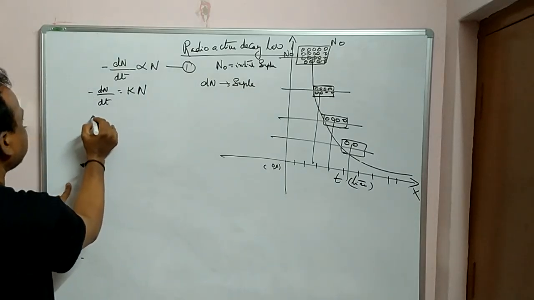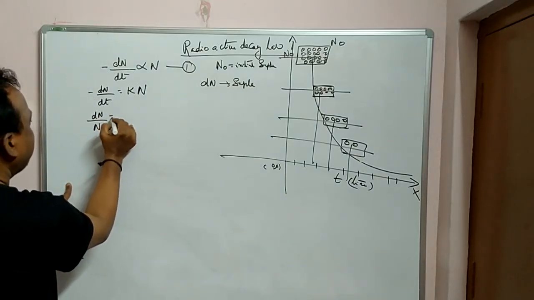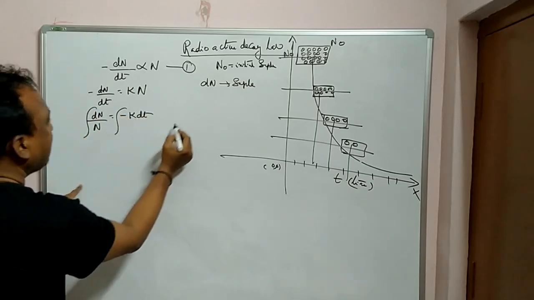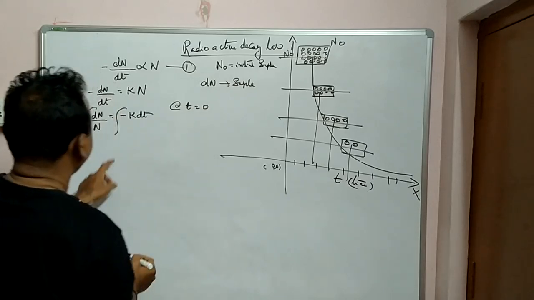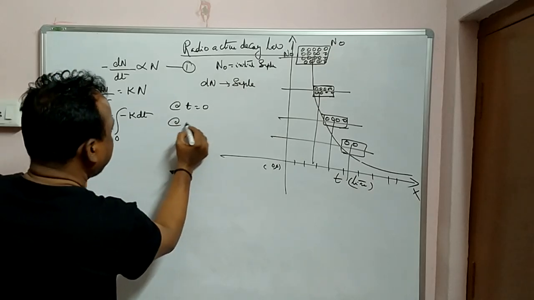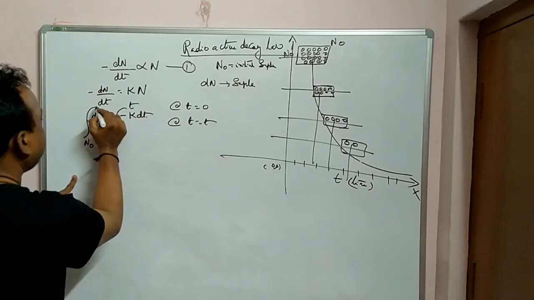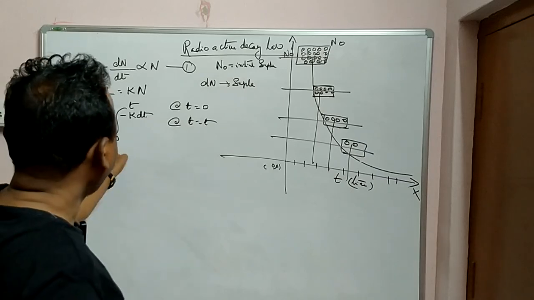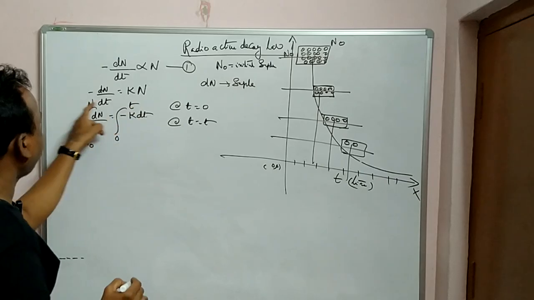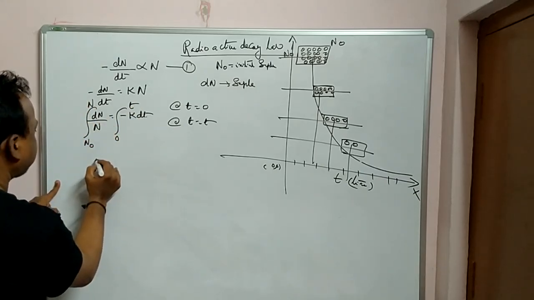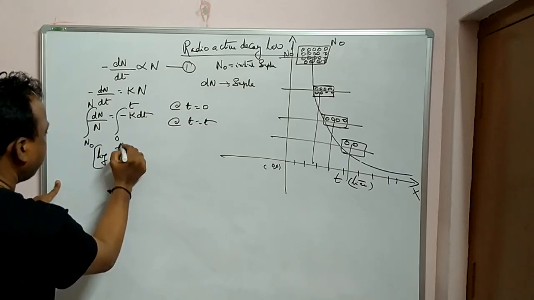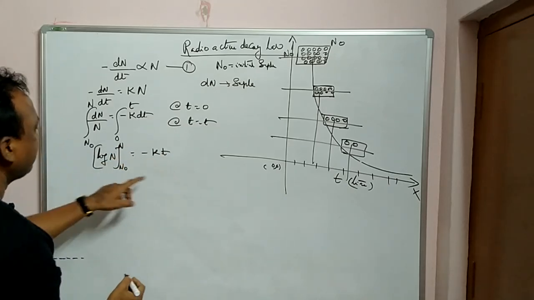Or you can write this as dN by N is equal to minus k dt. Now I will do integration. At time t equal to 0 the sample was N0. At time t equal to t, let the sample be N. The integration of 1 by x is log x, that is log N with limits N0 to N, and minus kt from 0 to t.